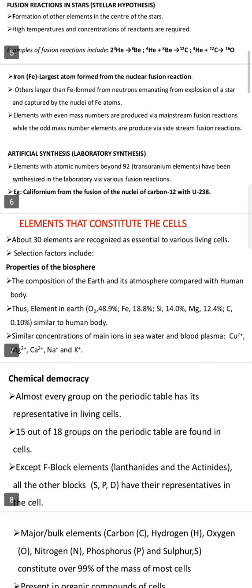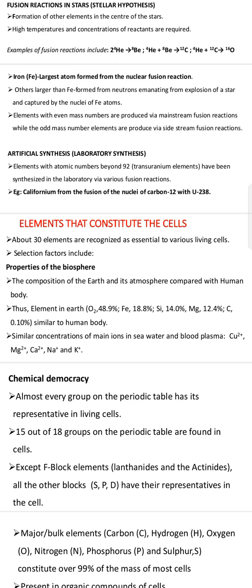So examples of fusion reactions include helium. Here we combine two helium to produce beryllium. The other example is helium and beryllium being combined together. You can see their mass numbers: helium has 4, beryllium has 8.